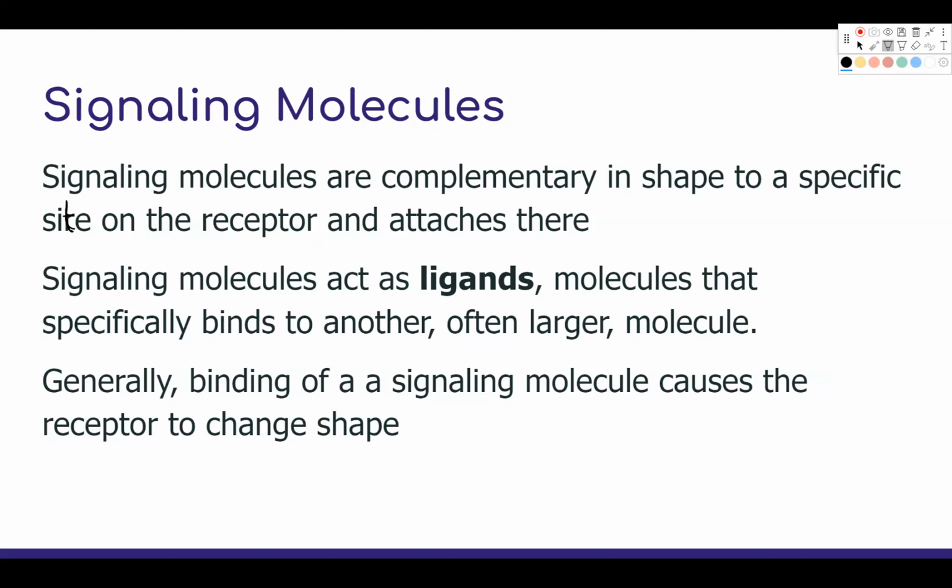It is just a very specific molecule that binds to another. That other is typically larger because the ligand has to fit inside of it. Generally, the binding of this molecule causes the receptor to change shape. That change in shape kicks off what we'll talk about tomorrow.